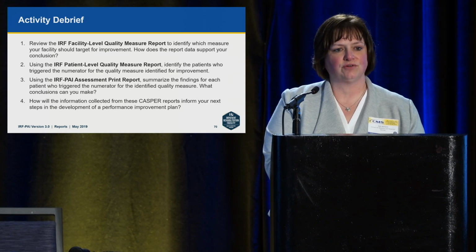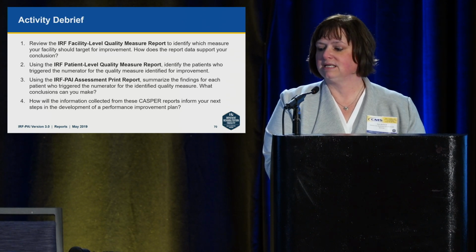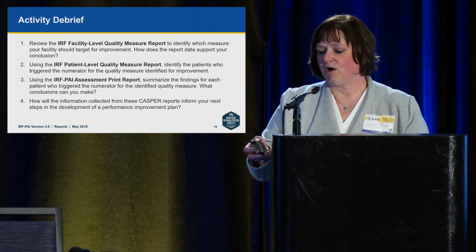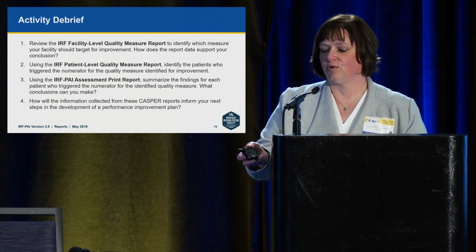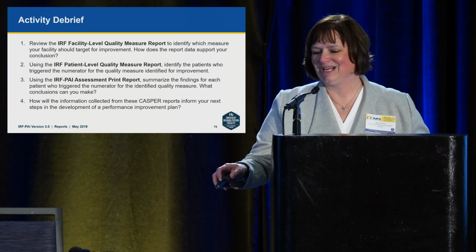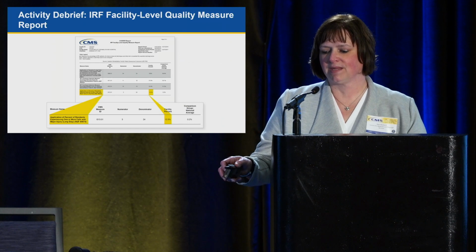And finally, using the IRF PI assessment print report, summarize the findings for each patient who triggered the numerator for the identified quality measure. What conclusions can you make? And how will the information collected from these CASPER reports inform your next steps in development of a performance improvement plan? So let's go ahead and take a look.